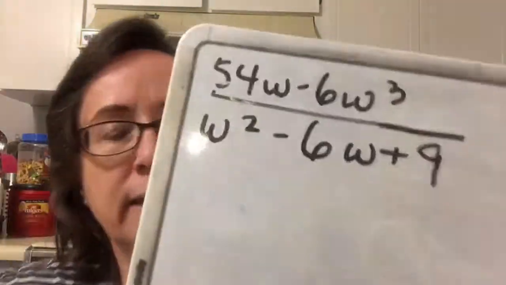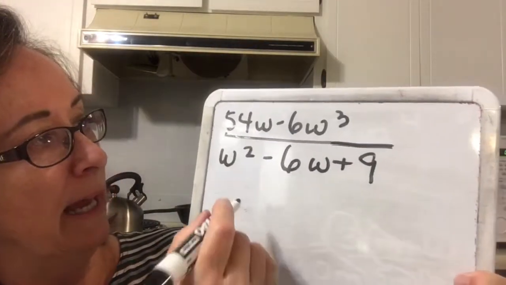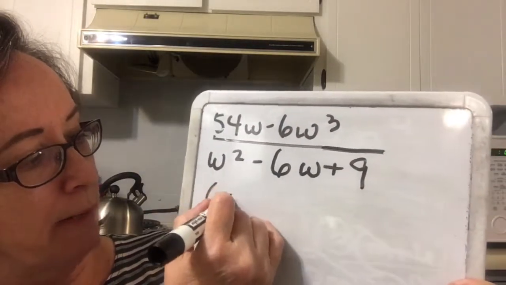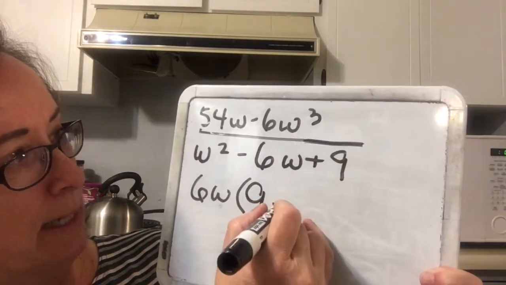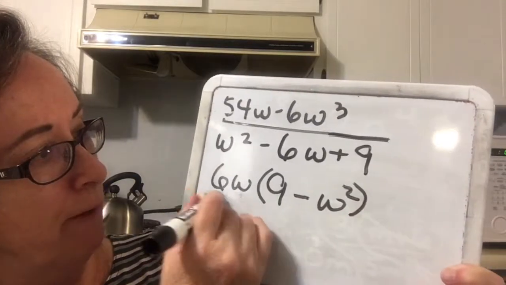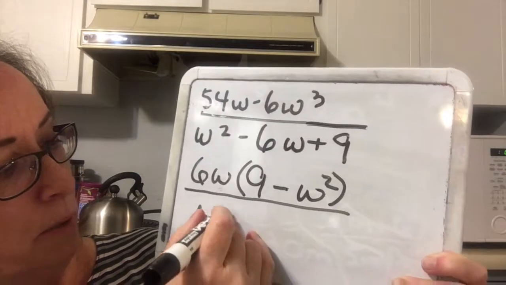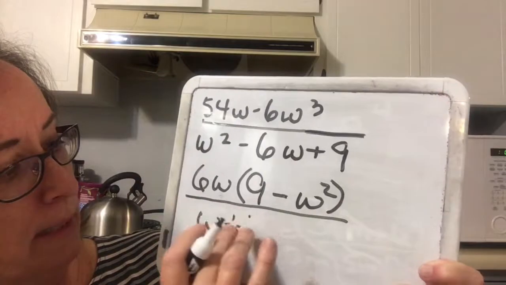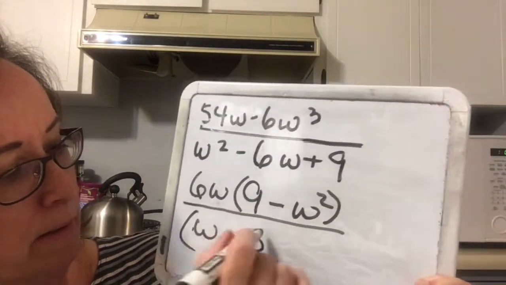The next one, we're going to have to factor the numerator, and if we factor out a 6w out of the numerator, we're going to have a 9 minus w squared. Okay, and if we factor the denominator, it's going to be w plus 3, let's see, w minus 3 squared.